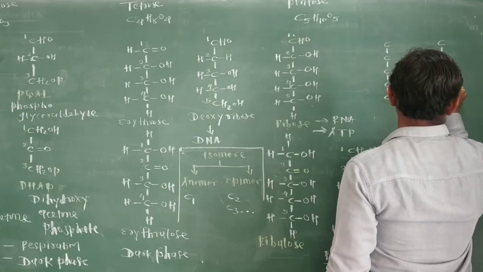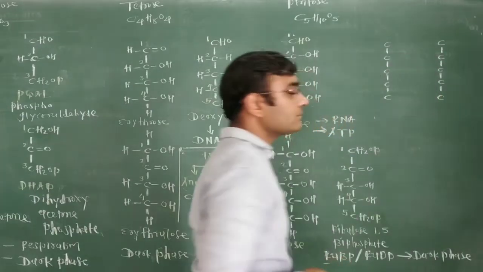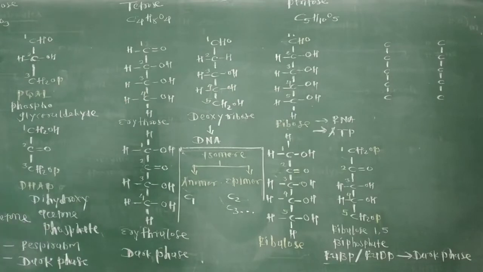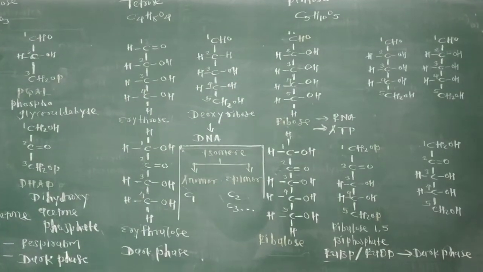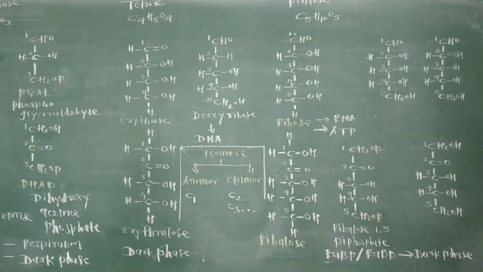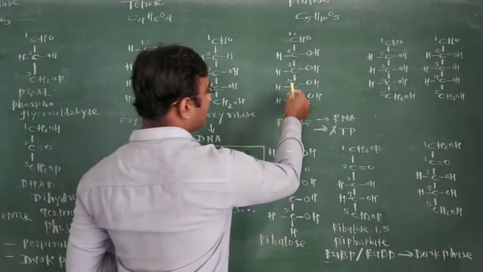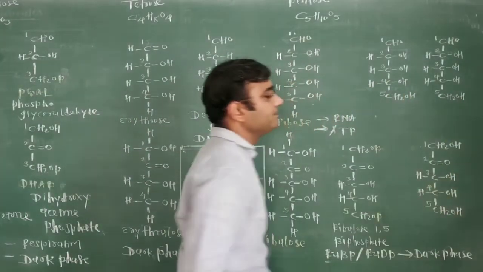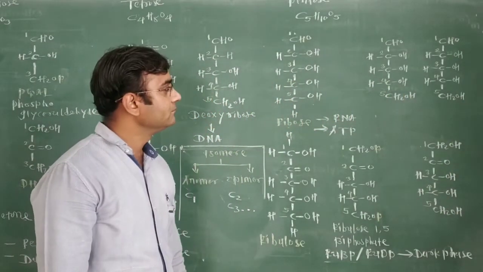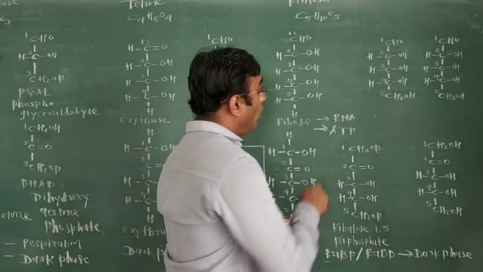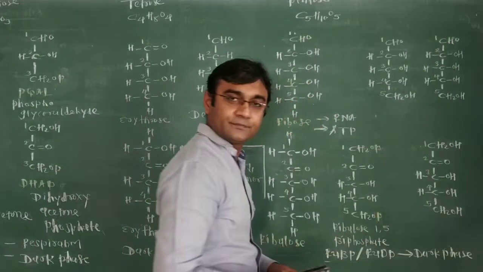There are two isomers of ribose. Now see these three chemicals, which are exactly the same. Presently this one is ribose.